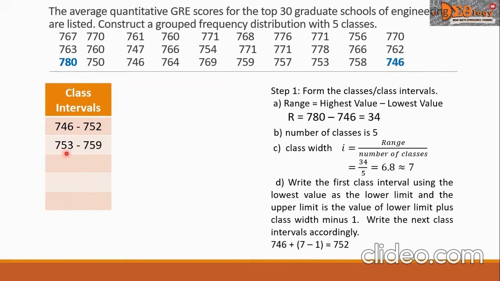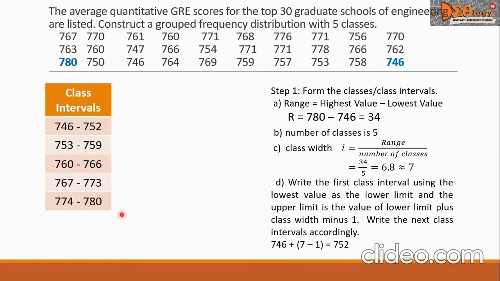And this 753 is the lower limit of the second class interval, and the upper limit is 759. We follow the same pattern based on our first class interval, and that idea will be implemented on the other class intervals.